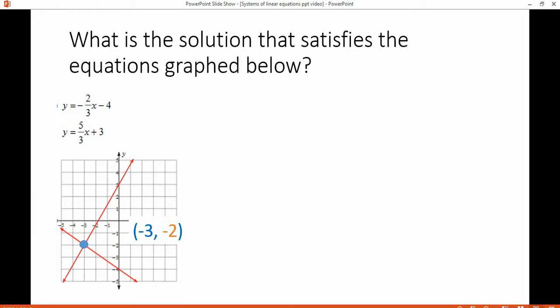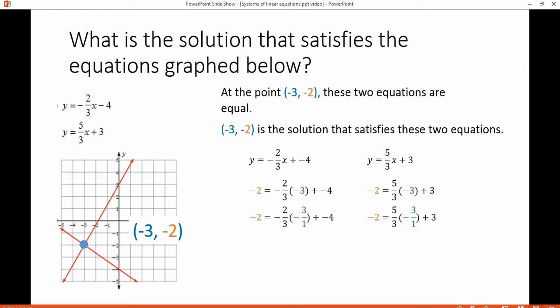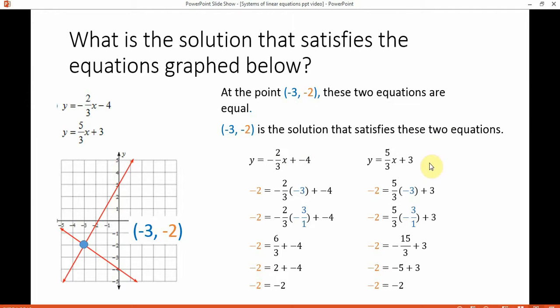Cha. -3, -2. And if we want to understand why, we can take these two equations and substitute the x-coordinate of -3 and the y-coordinate of -2 into each equation, multiply everything out on the right side, then add what we can, and we're going to get that -3, -2 is a solution that satisfies both of these equations.